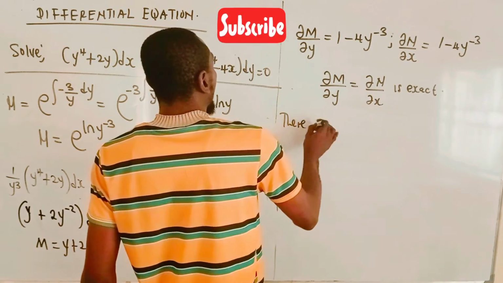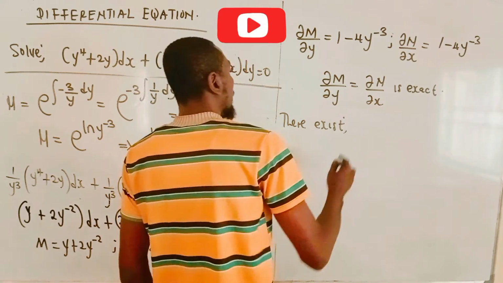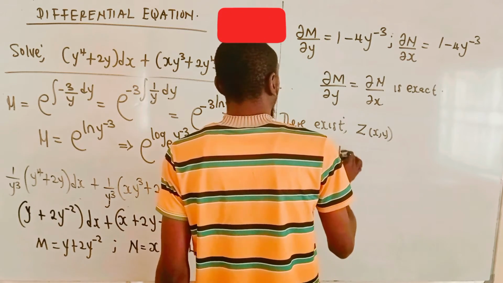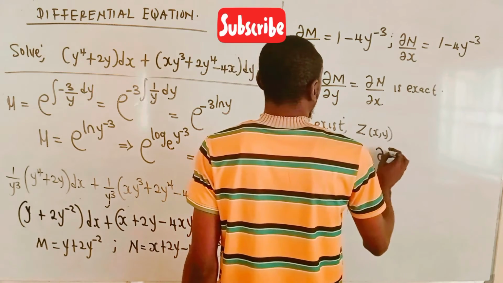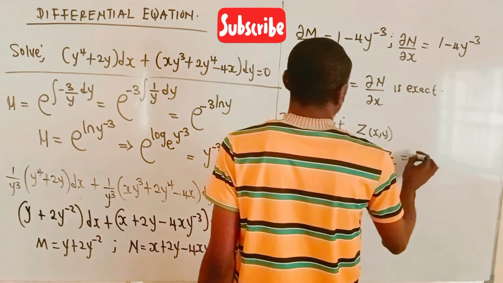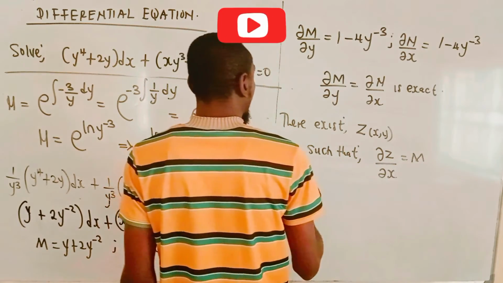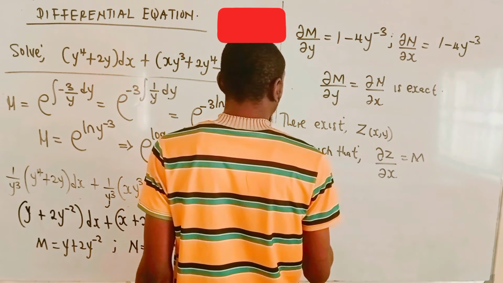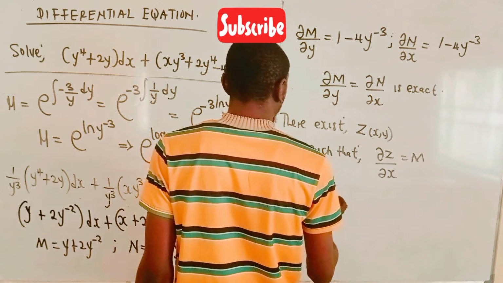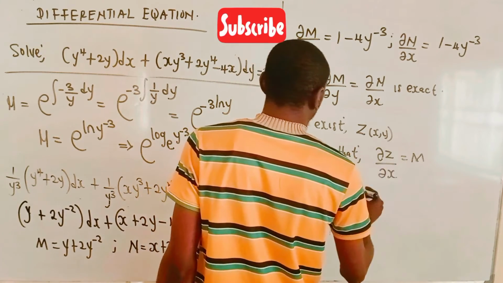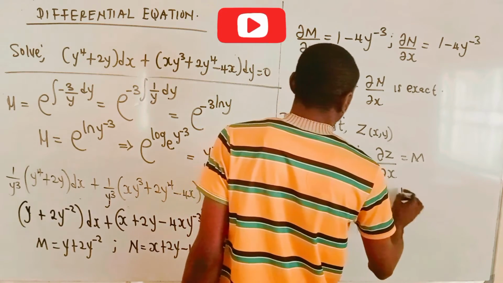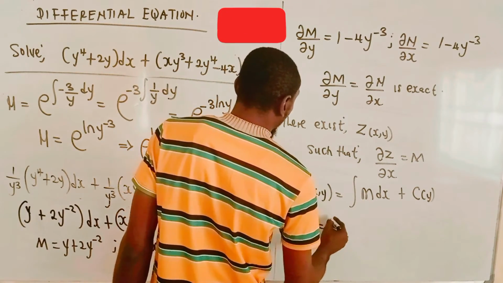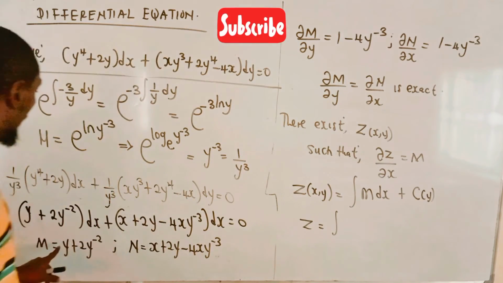Now, there is a function z(x, y) such that the partial differentiation of z with respect to x is equal to M. Then integrating both sides, we have z(x, y) equal to the integral of M with respect to x, with a constant which is a function of y. So z is equal to the integral of M.